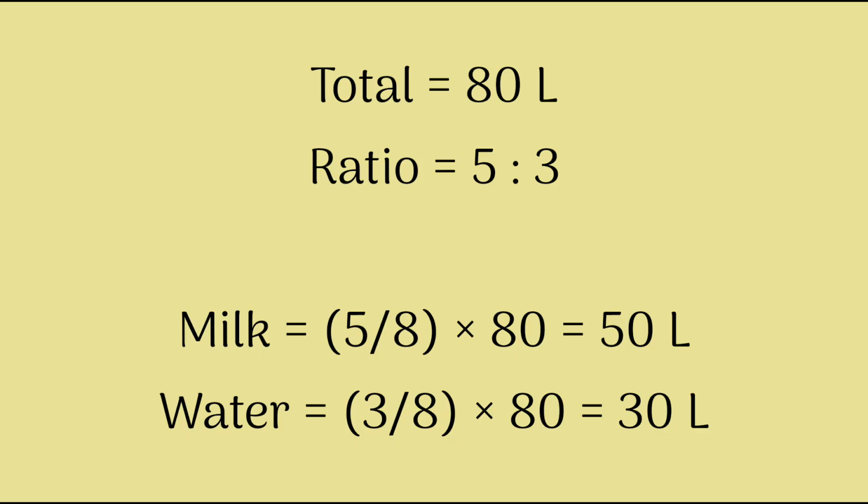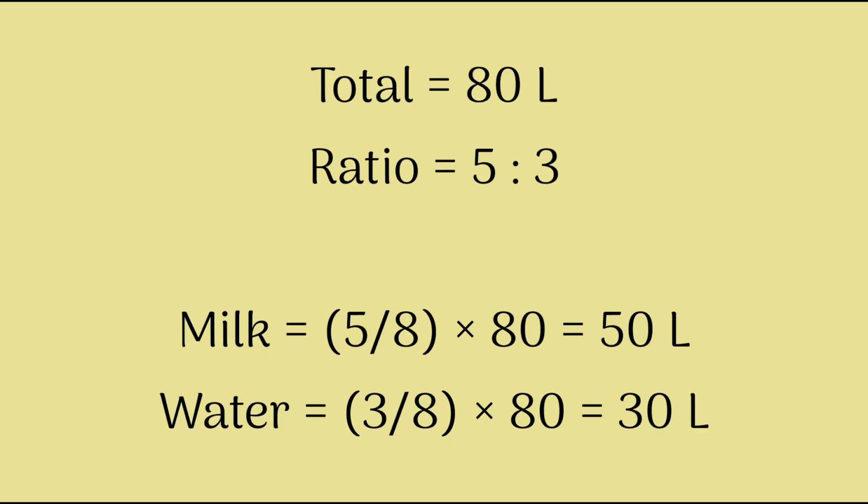First, we find the total, which is the 80 liters given in the mixture. The ratio given is milk to water, 5:3.